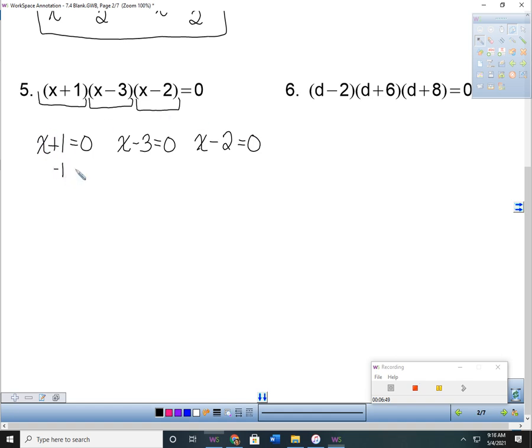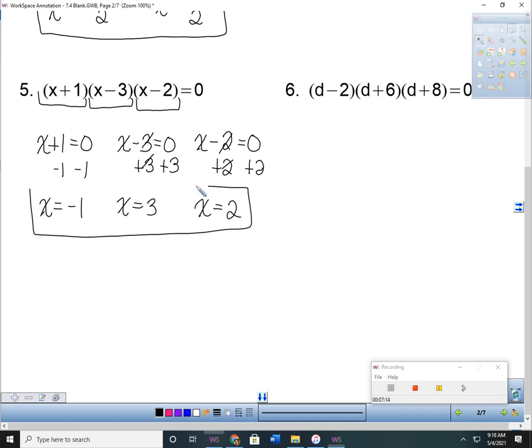I subtract 1, so I get x equals negative 1. I add 3, so x equals 3. And I add 2, so x equals 2. Actually, I have three answers on that one. There are three numbers that would make this equal 0.